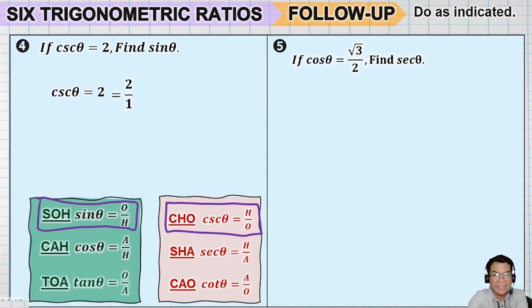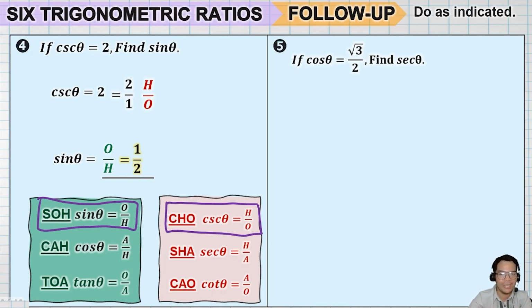And that cosecant theta is equal to 2 over 1, which means this is hypotenuse over opposite, di ba? That's cosecant theta. And since inverse lang naman ito yung sine, anong value ng sine theta natin? 1 over 2 po. Very good. That's correct. Or 1 half. Kasi nga, di ba, inverse lang nila. You get the reciprocal of the given ratio.